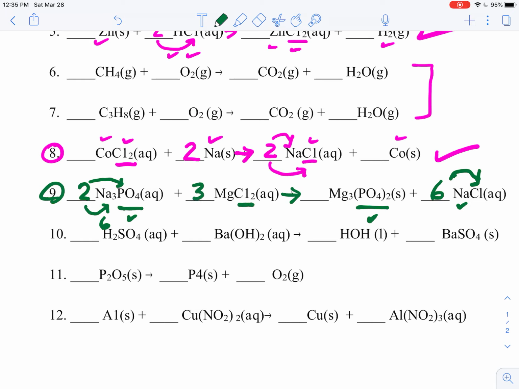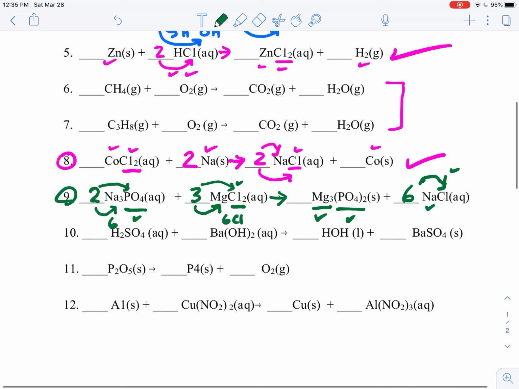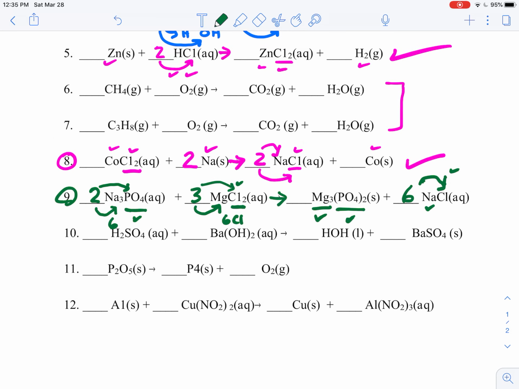It would mean 2 times 3, because now this would also be 6 chlorides. This is where you can check off your chlorides and say, this also means I have 3 magnesiums, and I go to the right and see that I already have 3 magnesiums. Having checked off all of my parts of the equation to make sure they're equal on both sides, this is now a balanced equation.